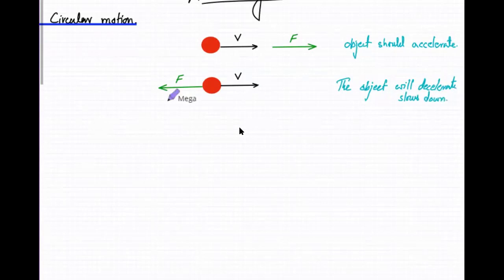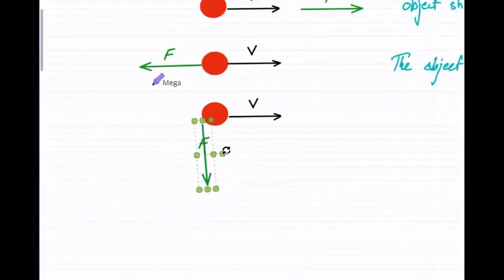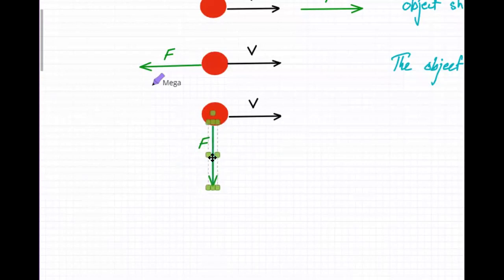Now, the third case. What if force is neither acting backward nor acting forward? What if force is acting perpendicular to the direction of velocity, like this?